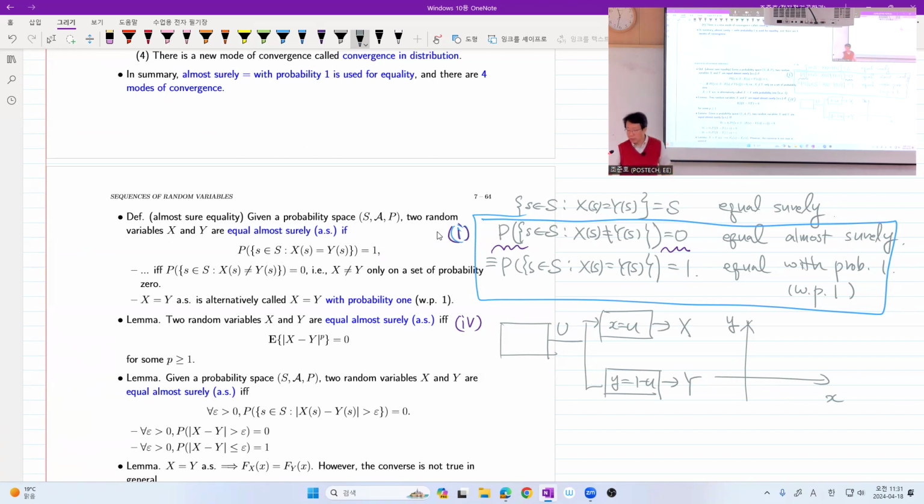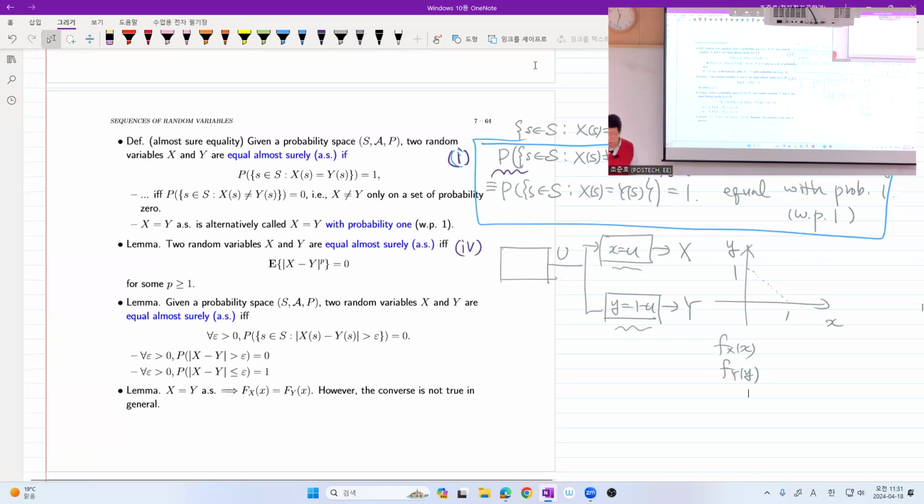So you can easily guess that the scatter plot will look like this. Definitely, these two functions are different. Now, just consider the PDF or CDF of these two random variables. What can you say?